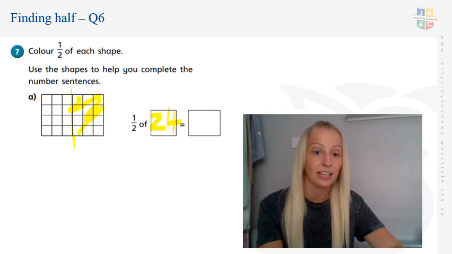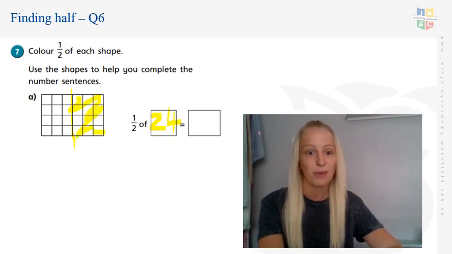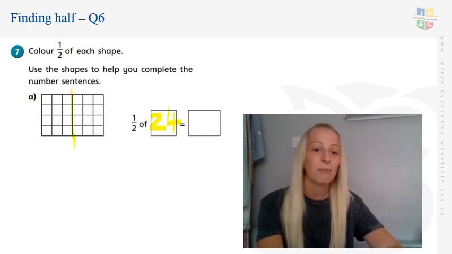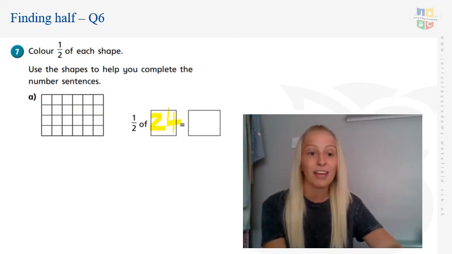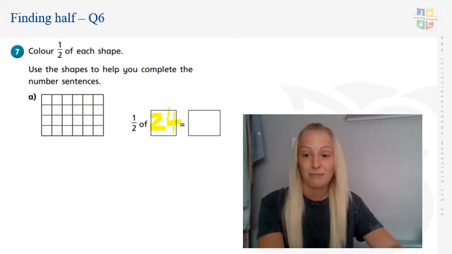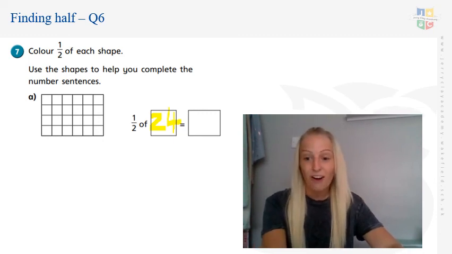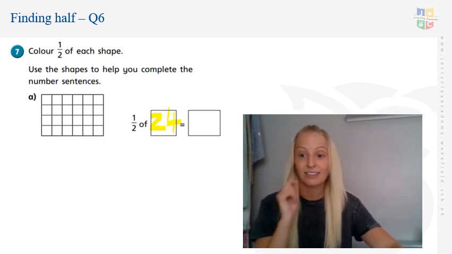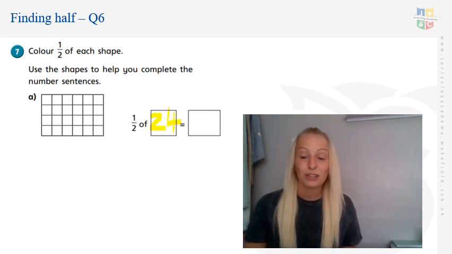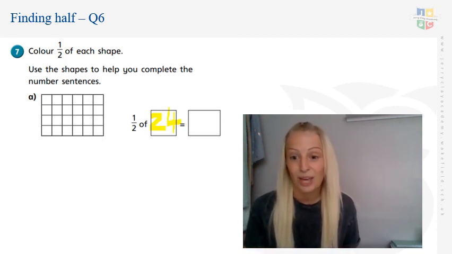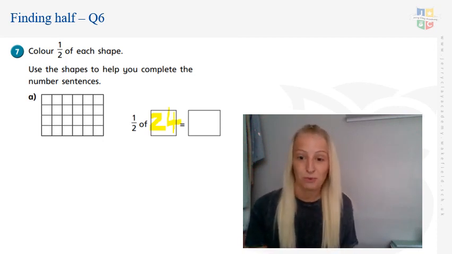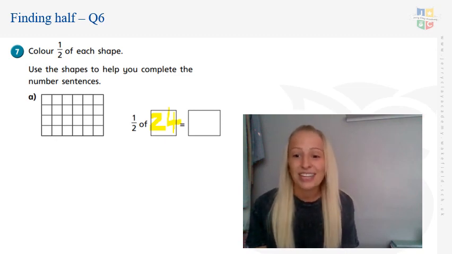So colouring one side like that, but obviously colouring them a lot neater. If I cut it in half, then I've got the same amount on each side. Or I know I've got 24. Finding half is the same as dividing by 2, so I could do 24 divided by 2 equals 12 and colour 12 squares. See if you can pause the video and complete the rest of the questions.